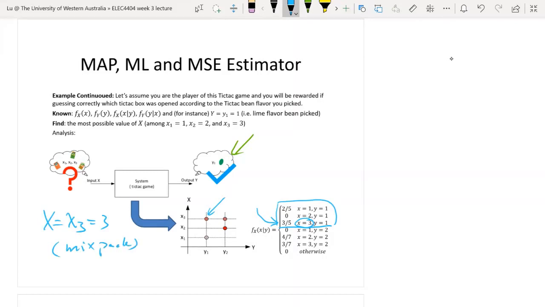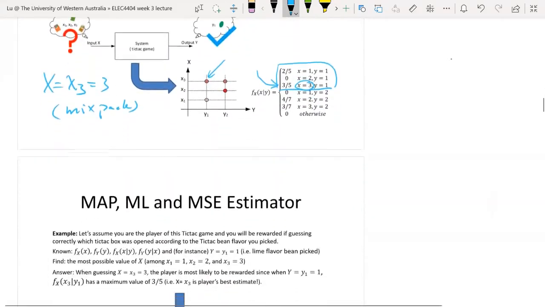Of course, I didn't say it's impossible to get the lime flavor bin from the green box. That's also possible, but the probability is lower than the mixed pack, which is 2 over 5, lower than 3 over 5. So I think the highest chance is given to the mixed pack. Okay, this is just the idea of this question here.